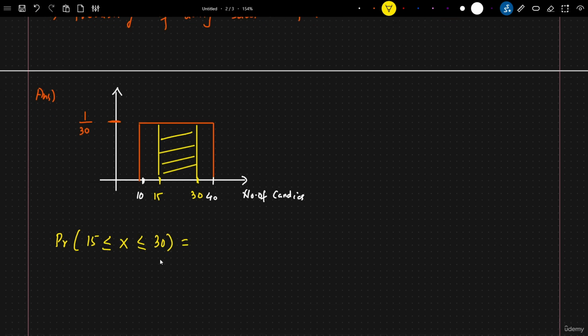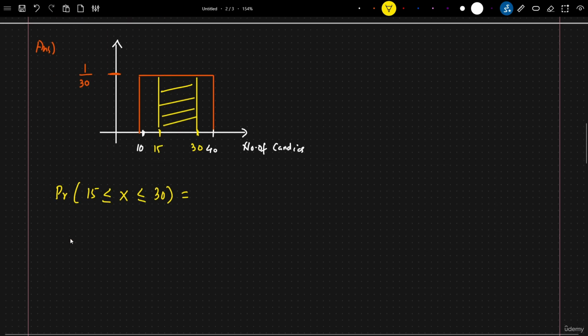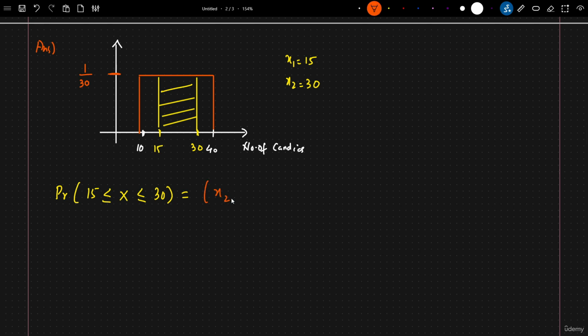Now, in order to calculate this probability, it is very simple. First of all, we will define two variables. X1 is nothing but 15, and X2 is nothing but 30. Then we take the difference X2 minus X1, and multiply by the probability that we get over here, 1 divided by (b minus a).